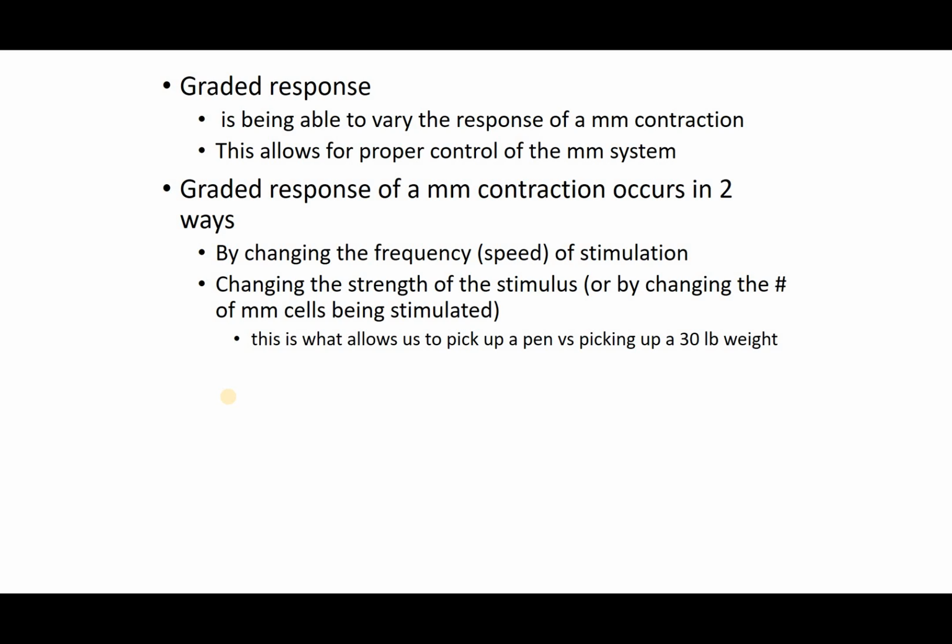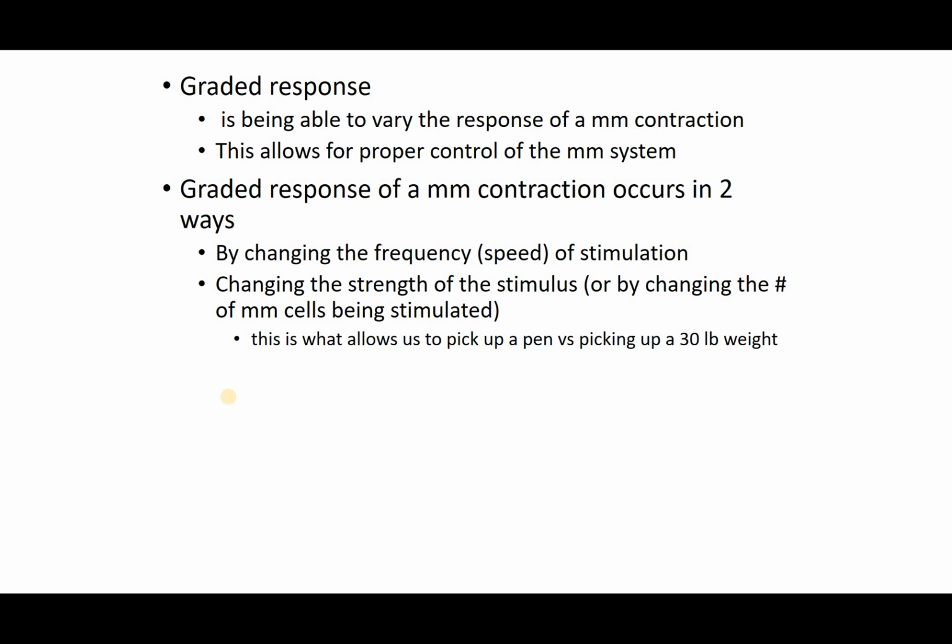Okay, the graded response of a muscle contraction occurs in two ways: by changing the frequency or the speed of the stimulation, and by changing the strength of the stimulation, which means the number of muscle cells that you're recruiting. So let's go back to our pencil analogy versus the 200-pound squat rack. If you simply pick up a pencil off the table, it really didn't need a lot of force, a lot of muscle recruitment, just enough to do it.